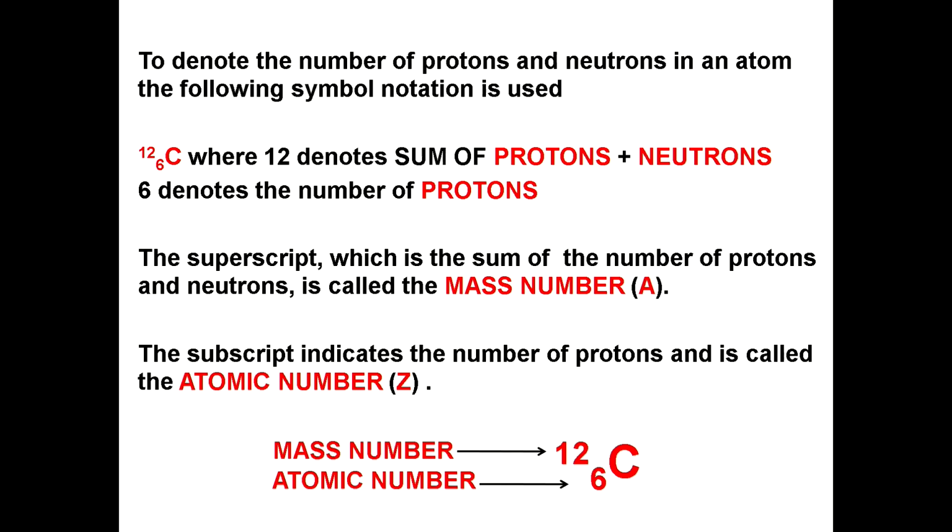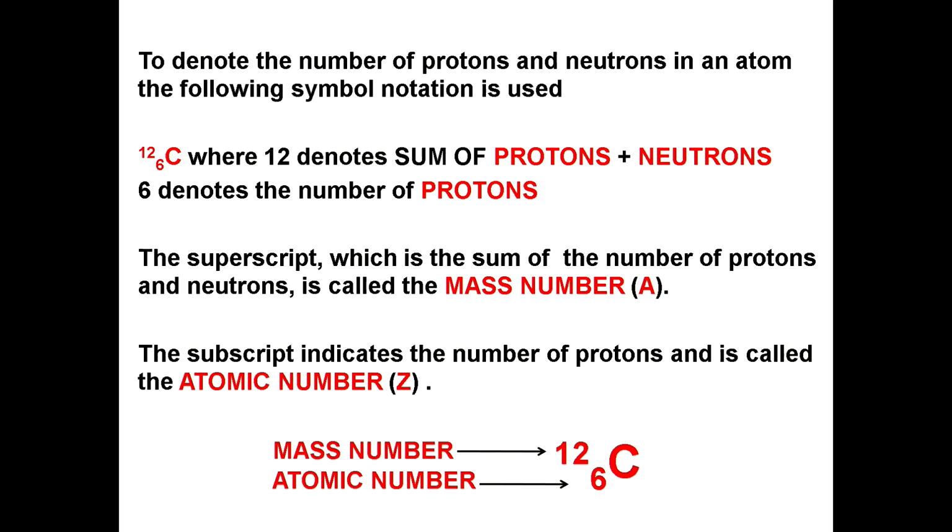Of course, the protons should be equal to the number of electrons, right? So if we know the number of protons, we also know the electrons. This number 12 is called the mass number. And this number 6 is called the atomic number. So each atom has its atomic number.